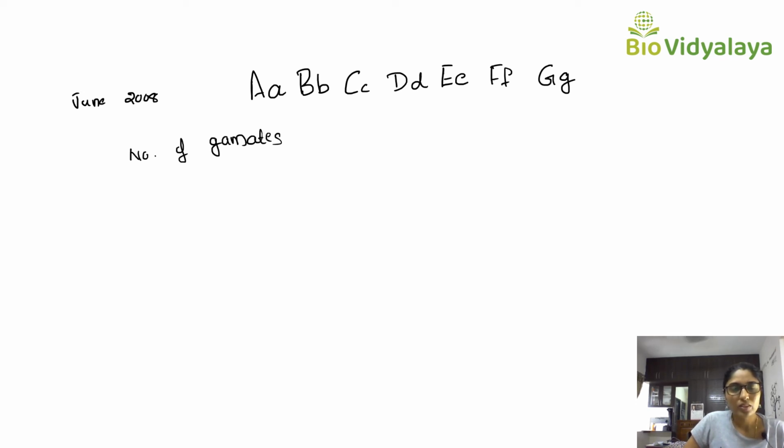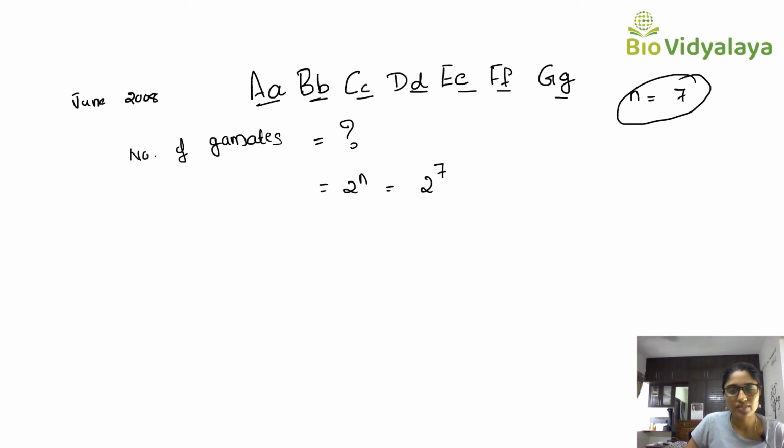Okay. So what is the formula? 2 raised to n. Here n is 1, 2, 3, 4, 5, 6, 7. Here n is 7 because the number of heterozygous is 7. So 2 raised to 7.